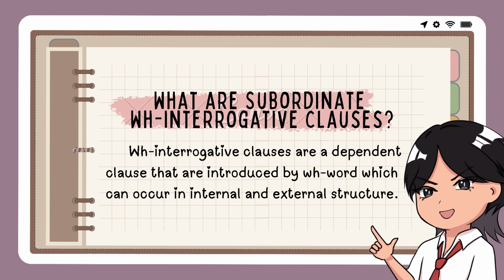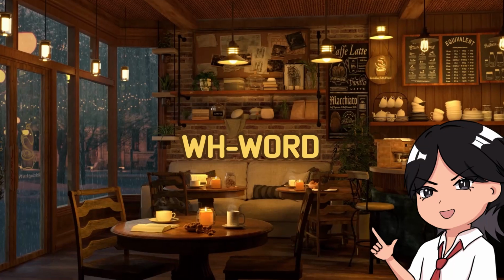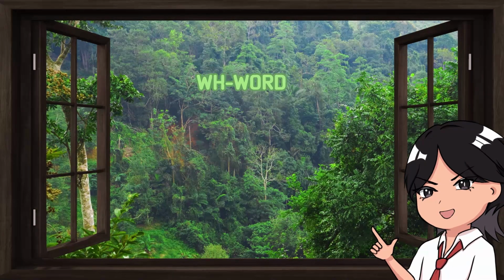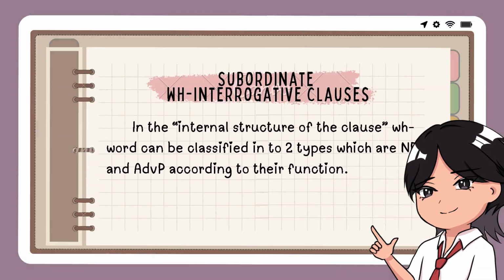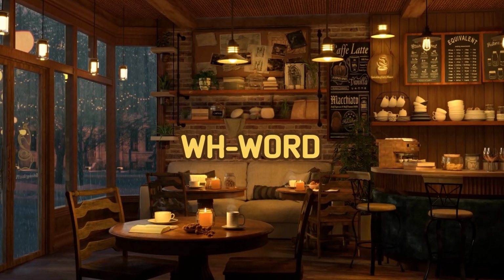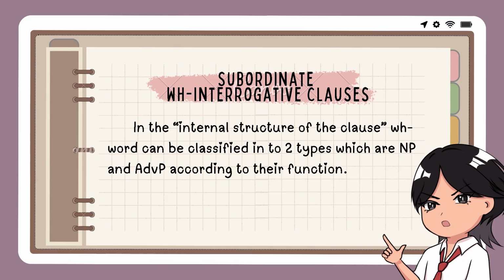What are subordinate WH interrogative clauses? WH interrogative clauses are the dependent clauses that are introduced by a WH word, which can occur in internal structure and external structure. In this internal structure of the clause, WH word can be classified into two types, which are noun phrase and adverb phrase according to their function.